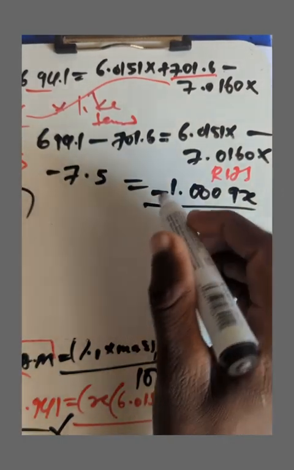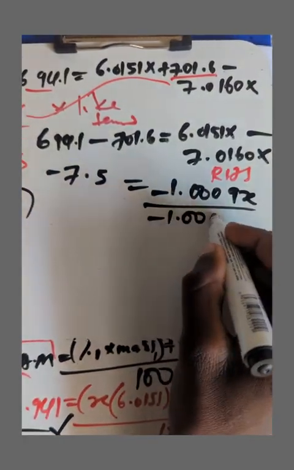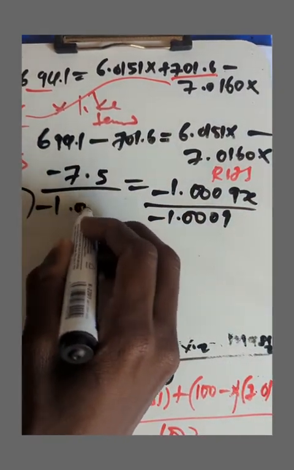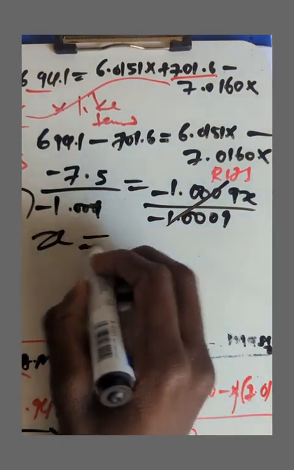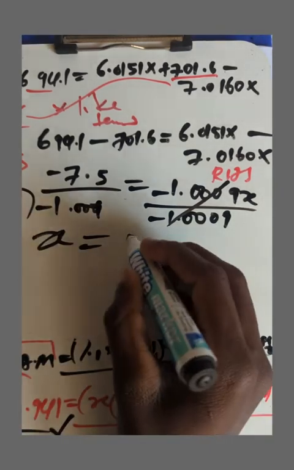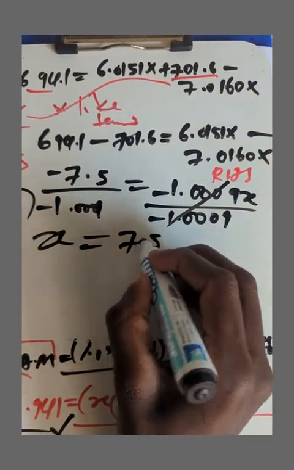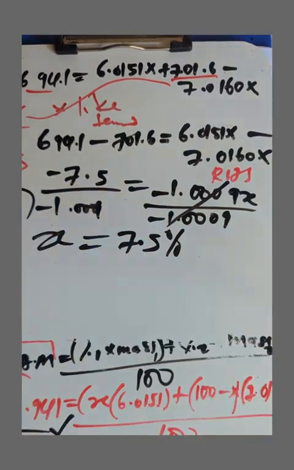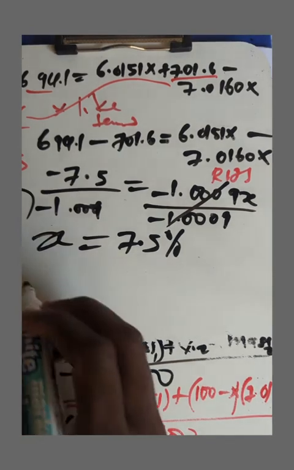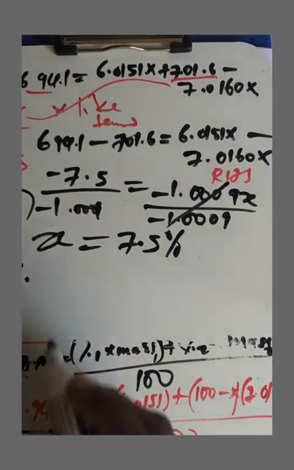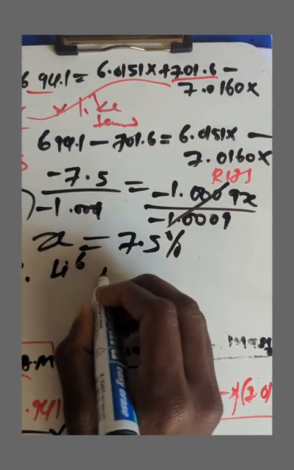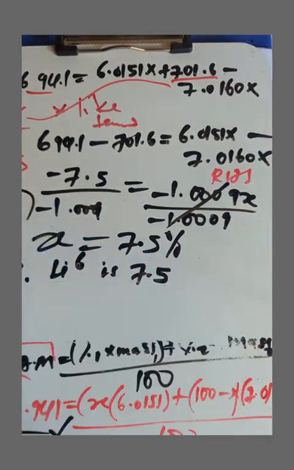So when you divide, just plug it in on the calculator. The value of x actually gives me 7.5. Therefore the percentage of lithium 6 is 7.5%.